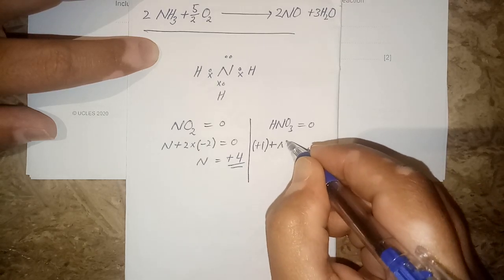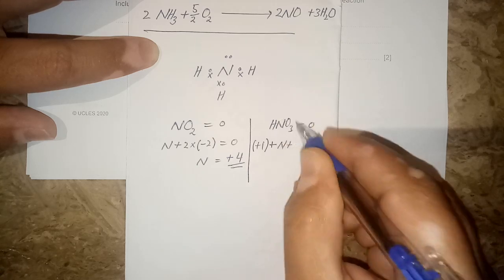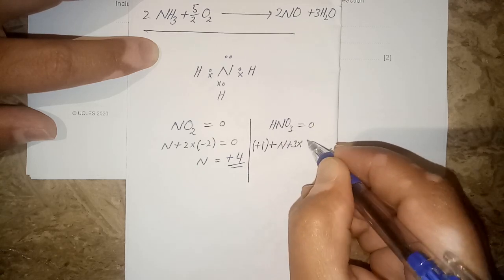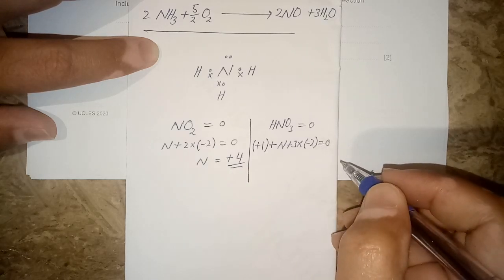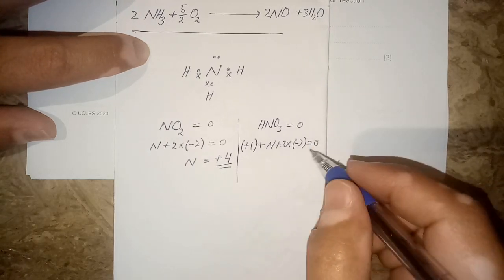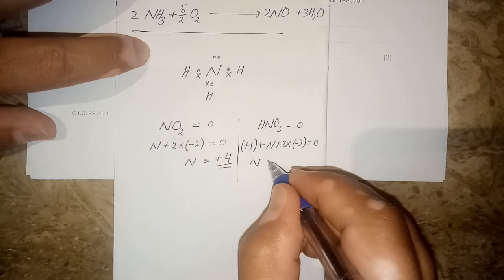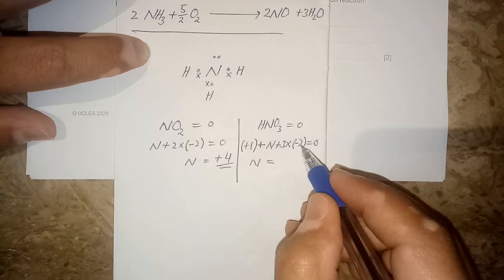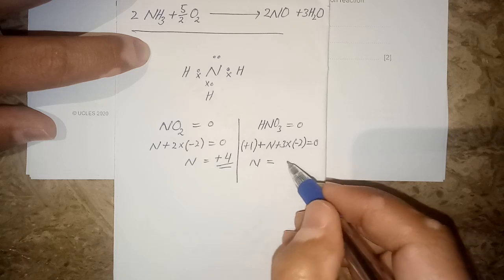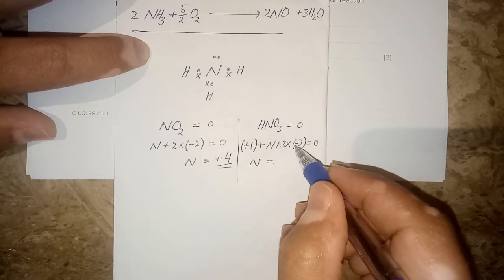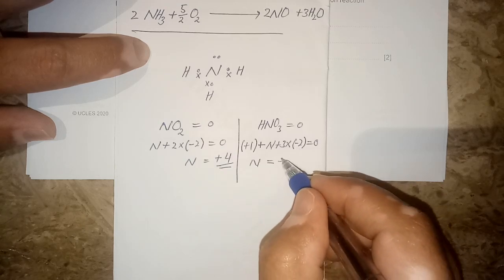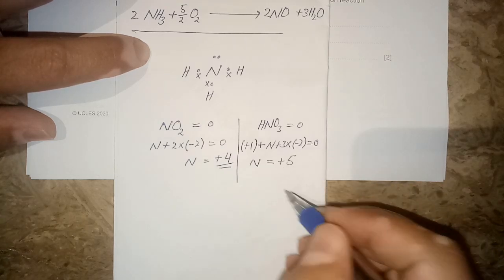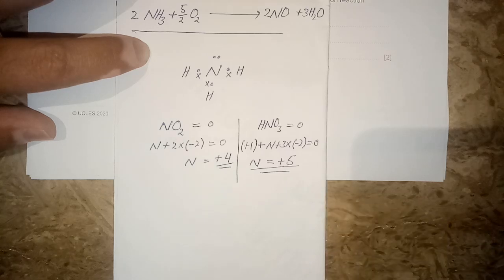Plus we have to find the nitrogen, and we have 3 oxygen atoms. Each oxygen has the oxidation state of -2, so the total is 0 again. To solve this, 3 twos are 6, so -6. When it is added to +1, we get -5, and finally we get +5. So the oxidation state of nitrogen in nitric acid is +5.